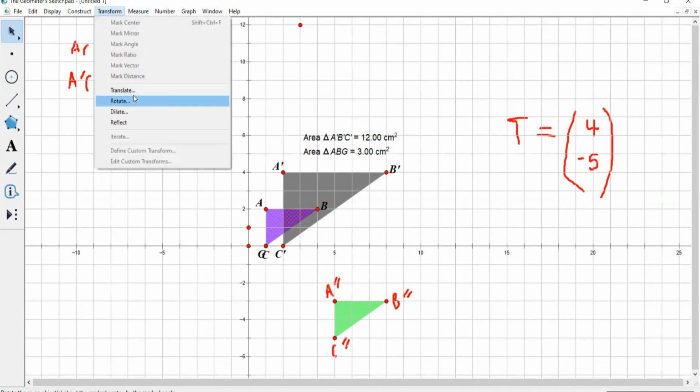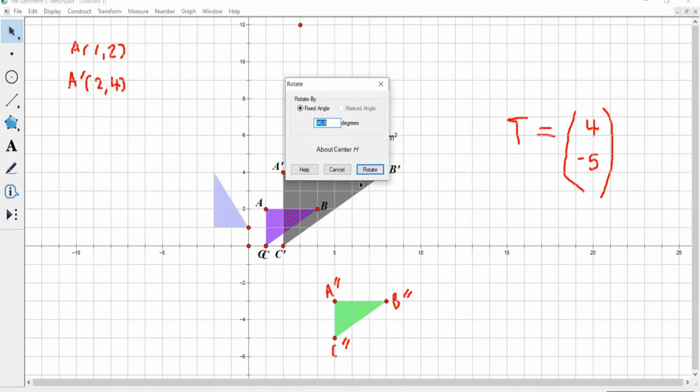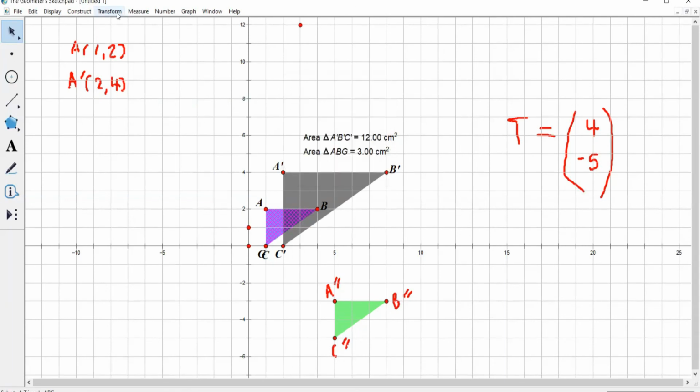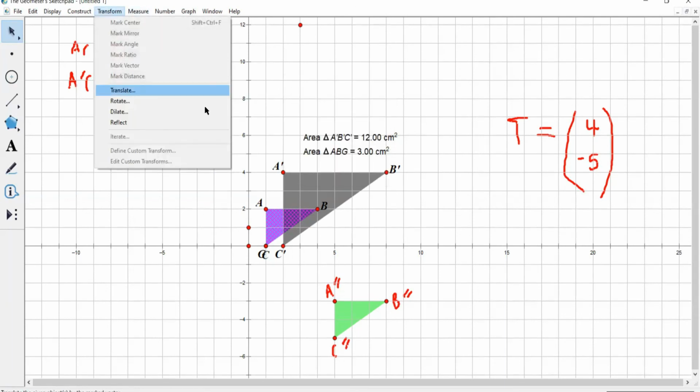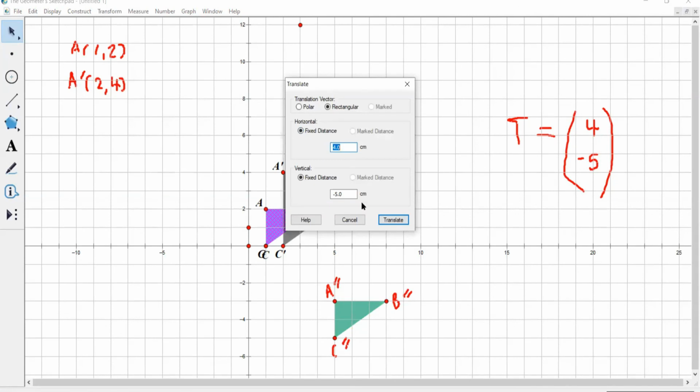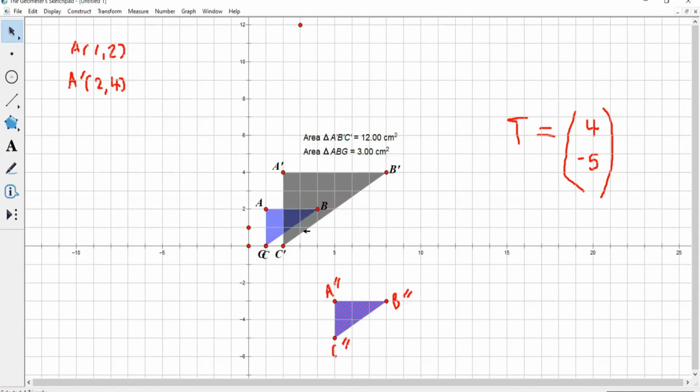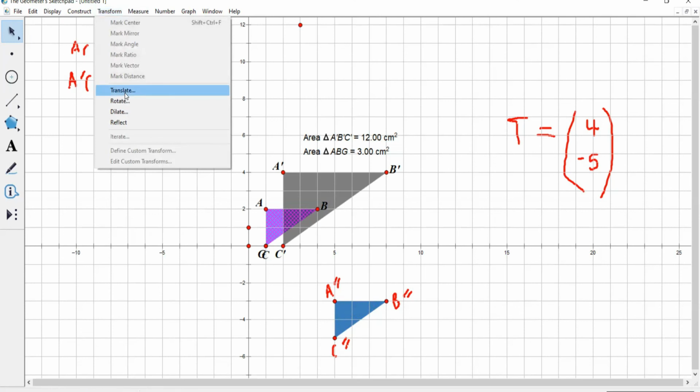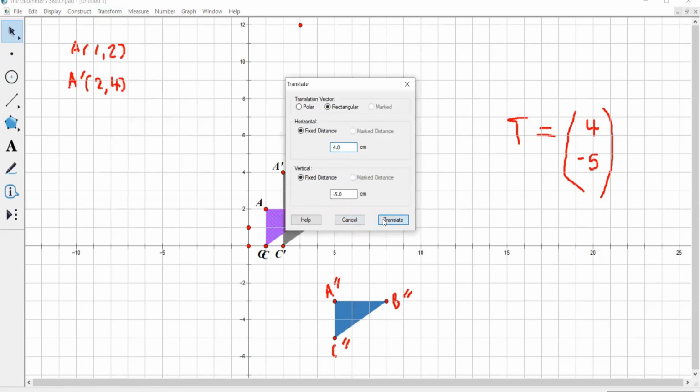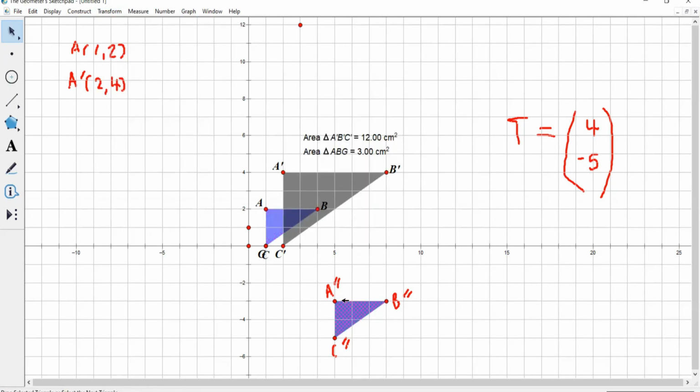So transform, not rotate, cancel. We want to translate by a vector of (4, -5). Notice how we translate it. You see this one highlight? This is how we click on it now. I would say transform, translate by (4, -5). Notice that this highlights, because it will say, that is it. To go from here to here is by a translation of (4, -5).